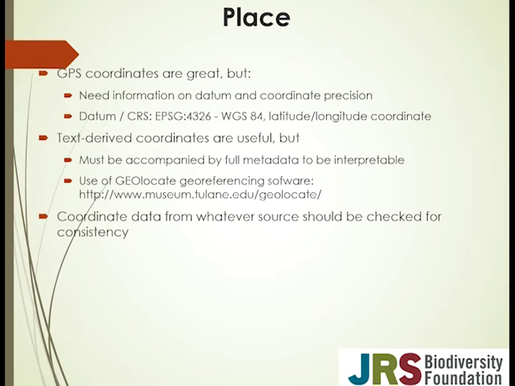Okay, and what is widely used by GPS is the World Geodetic System 1984. In the absence of coordinates recorded by GPS, you have text-derived coordinates that are useful, but you need full metadata to be able to interpret them.